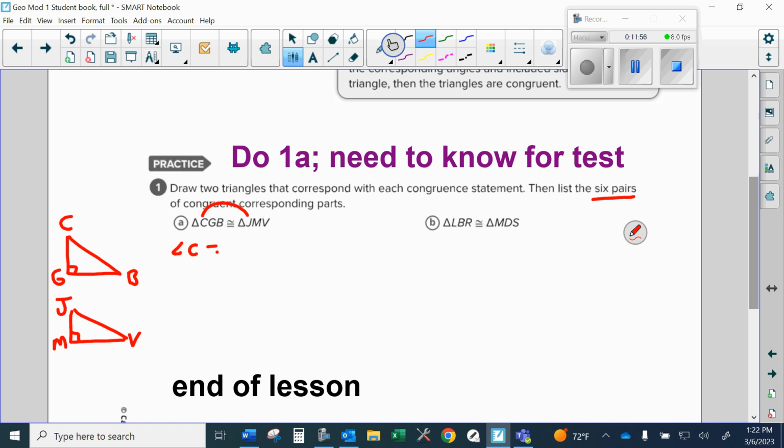Angle C is congruent to angle J. Angle G is congruent to angle M. And angle B is congruent to angle V. So there are your 3 angles. Now we need our 3 sides.